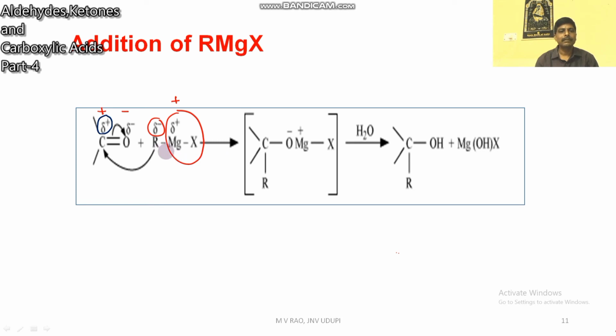So the negative nucleophile part will add to the carbon because it is a nucleophilic addition. It is a slow step. So it is an intermediate, and on hydrolysis you will get an alcohol.